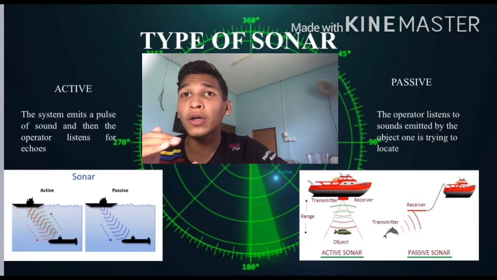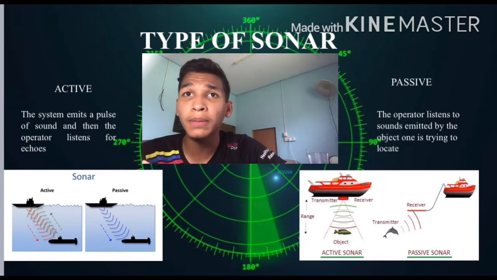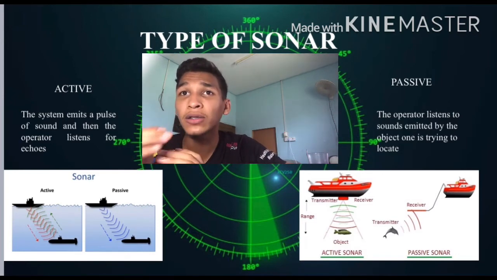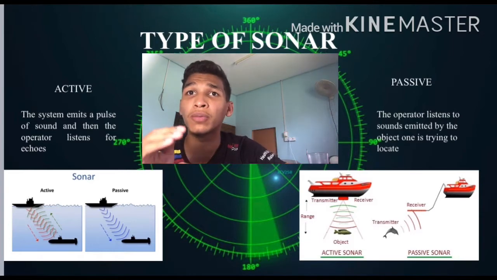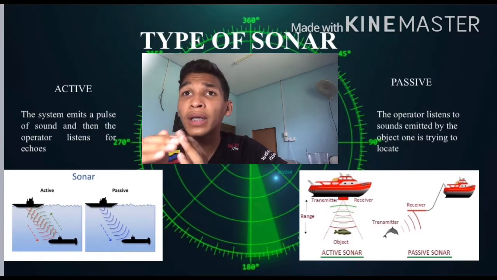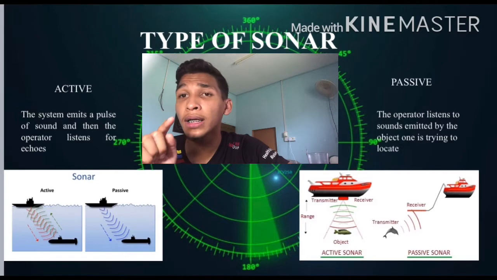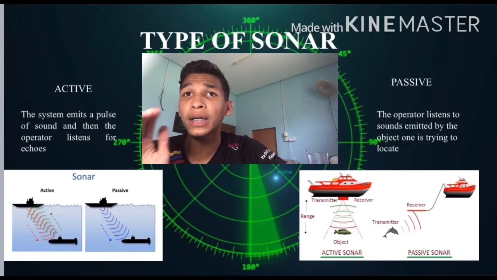The average speed of sound in the water is 1,500 meters per second. So if it takes 2 seconds for sound to reach the object, we can assume the object is 2 seconds times 1,500 meters per second, or 3,000 meters away.